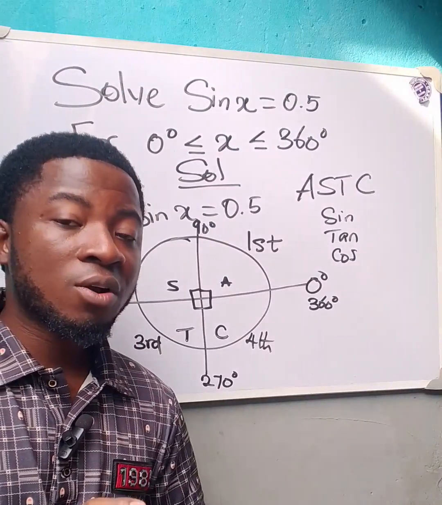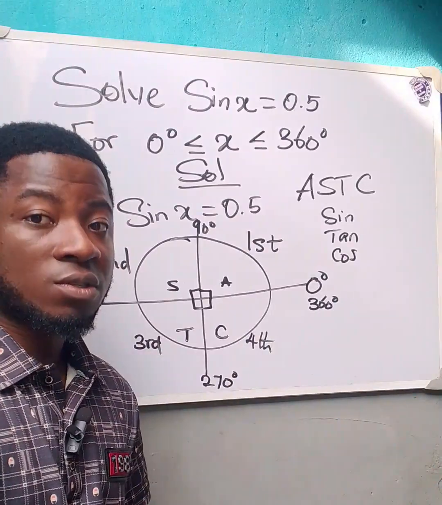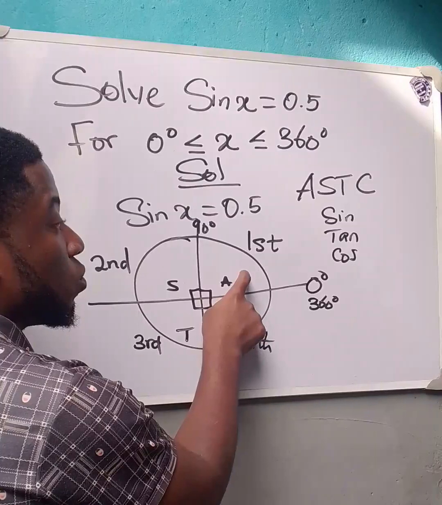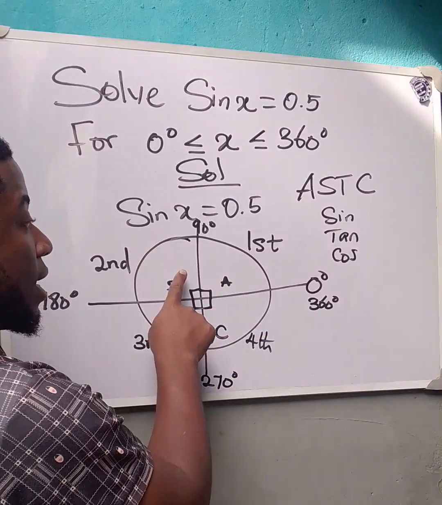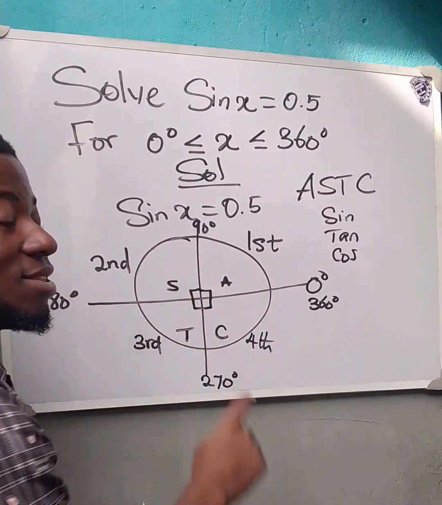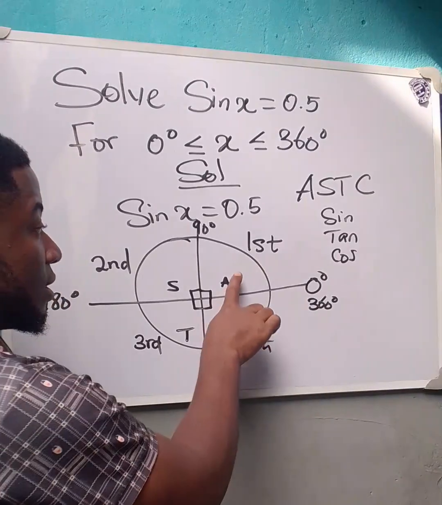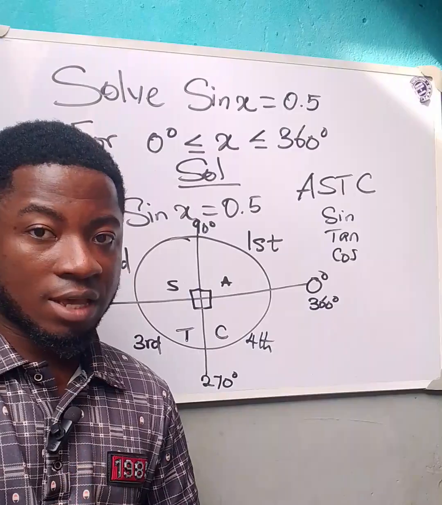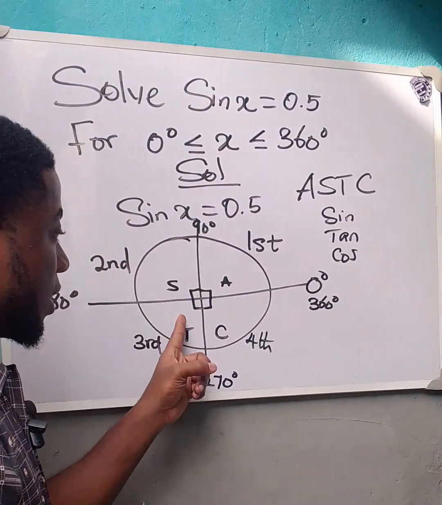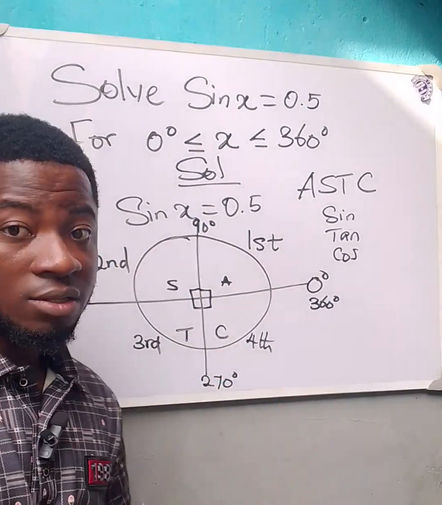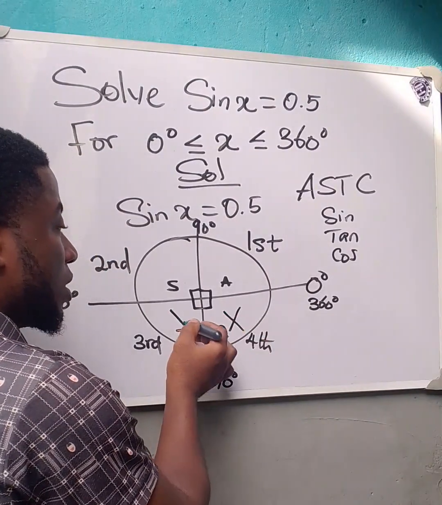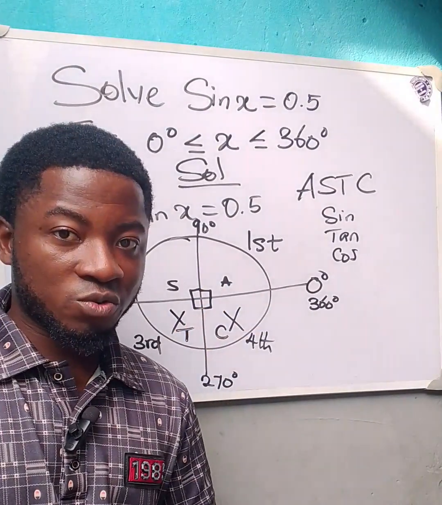So that means if we are going to look for sine x equals 0.5, we should be able to look at angles within the first quadrant and another angle within the second quadrant, because it's only here and here that we have positive sine. Here the sine is negative and here the sine is negative. So this means that we are not going to make use of the fourth quadrant and the third quadrant.